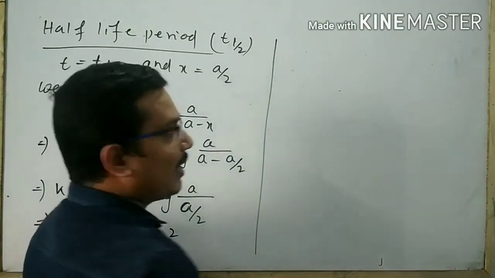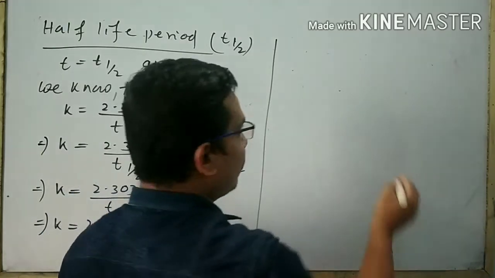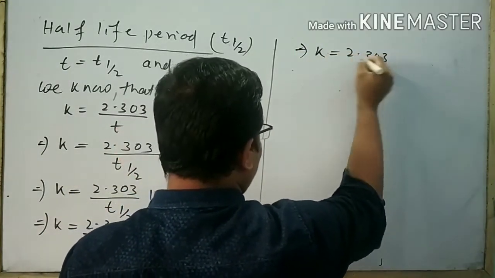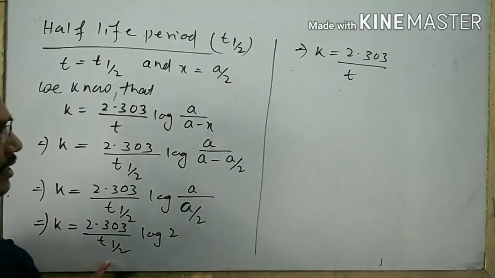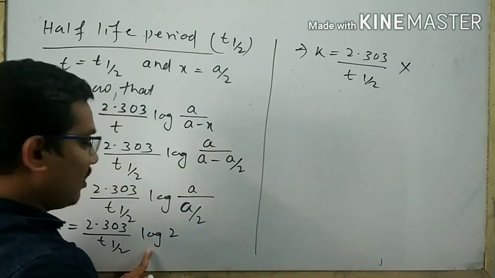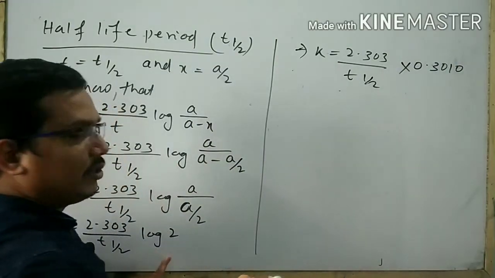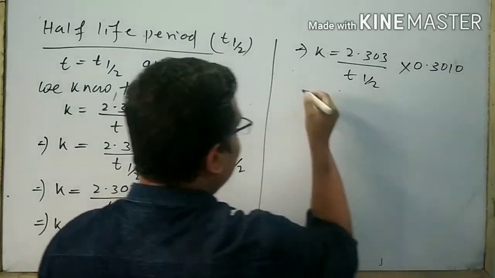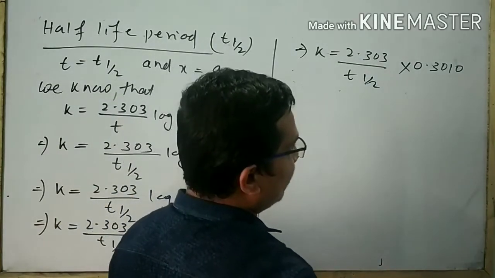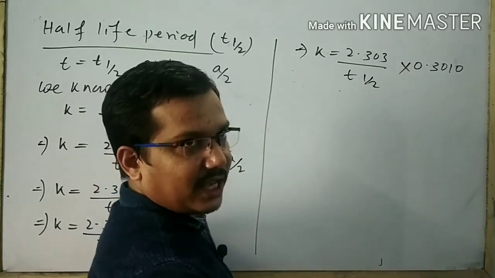We know that the value of log 2 is 0.3010. So k is equal to 2.303 divided by t half into 0.3010. Now multiply 2.303 into 0.3010, then we find 0.693.